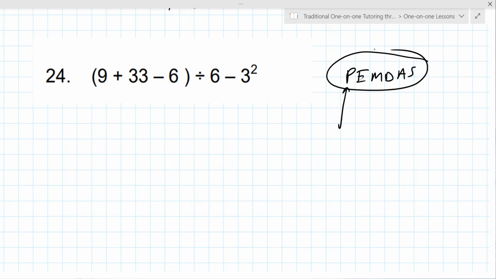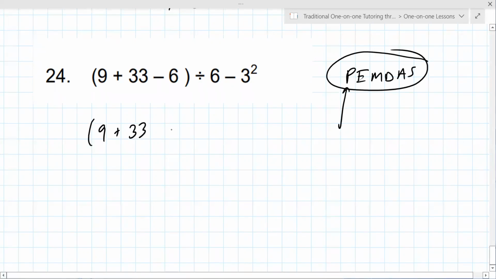What's interesting is you look at what's inside the parentheses and then restart your order of operations. If there was multiplication in here, like 9 times 3, you would do that first. But since it's plus and minus, it's the same precedence. You just do those together.